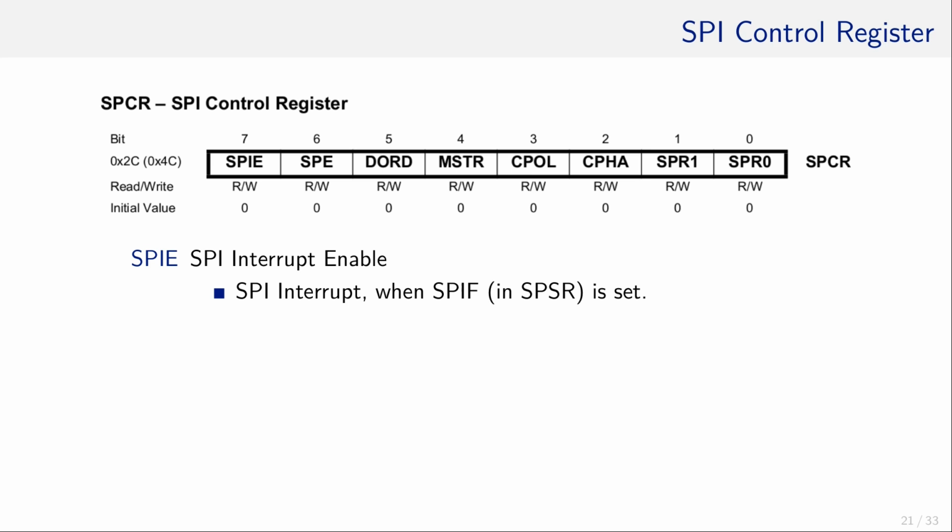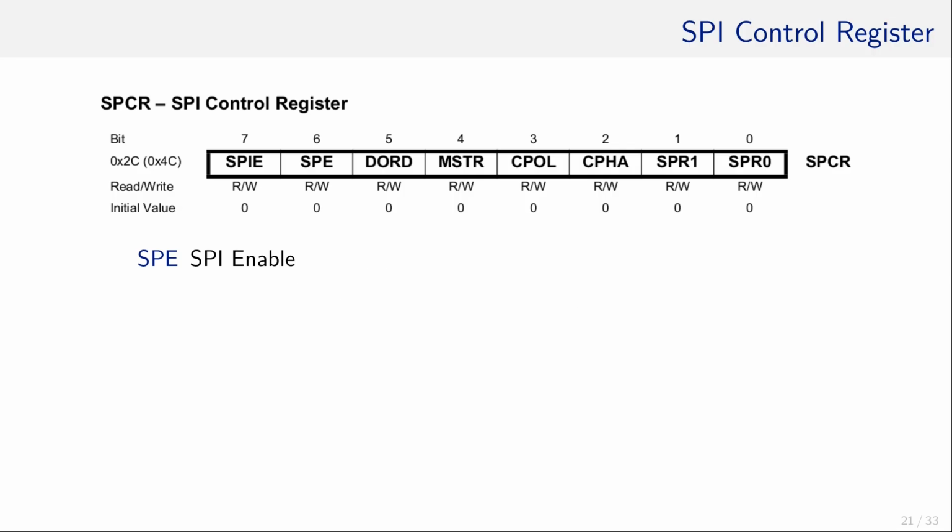In the following, we will also discuss the status register, which contains the SPIF bit that sends the actual interrupt. Then we have the SPE bit that simply enables the SPI hardware unit and connects the appropriate pins to it. Without SPE set, nothing is going to happen.